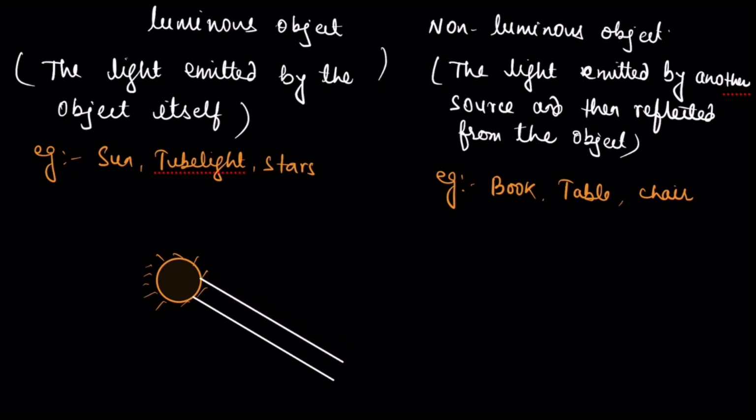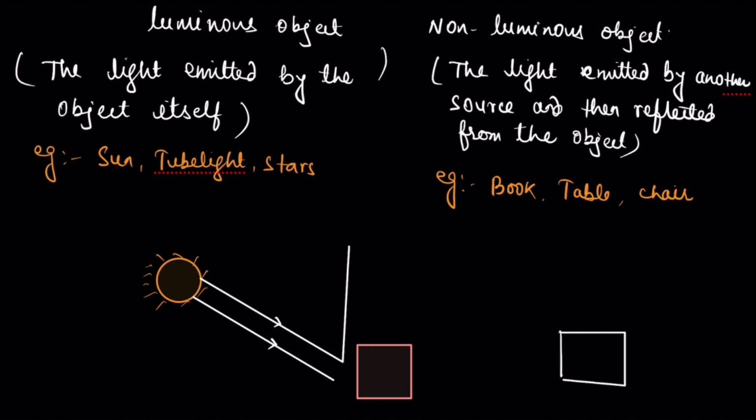Similarly, if we take a table, or any object, what will happen? The ray that is coming on the table is getting reflected like this after touching the surface. So if here is the eye, through this eye we can easily see the non-luminous object.